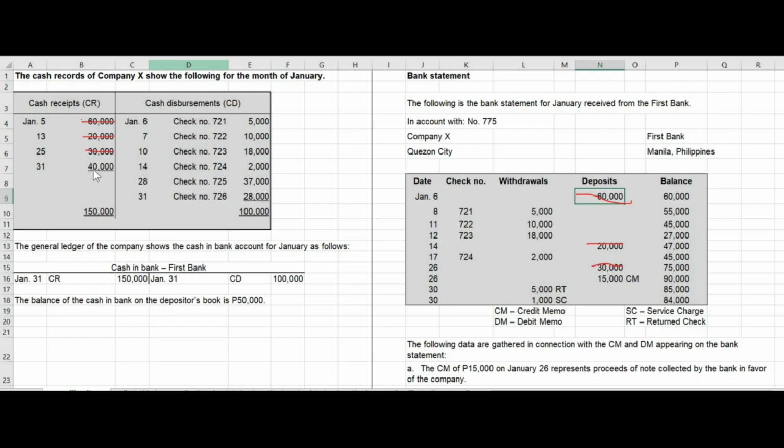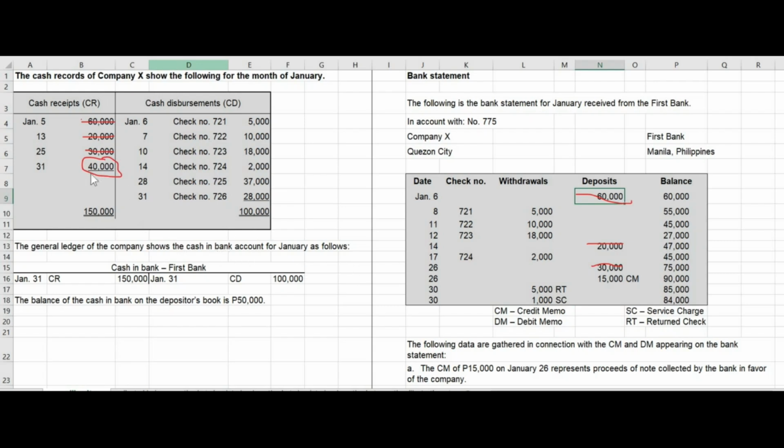And then, lastly, nung January 31, 40,000 cash receipts ito. So, kung titingnan natin dito sa ating bank statement, wala tayong makikitang 40,000. So, in short, class, itong 40,000 na to, we have identified already a reconciling item.